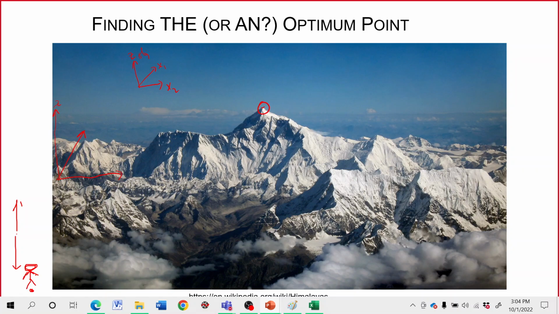It doesn't know where to go, but it has two skills. The first skill is that it knows whether it goes up or down. If we move it from here to there, it knows whether it is going up or going down. That's the first skill.